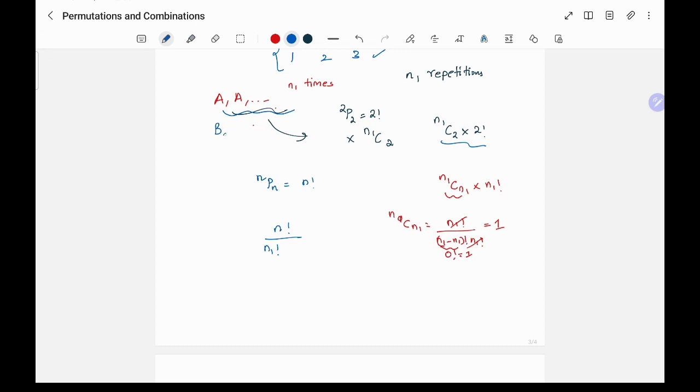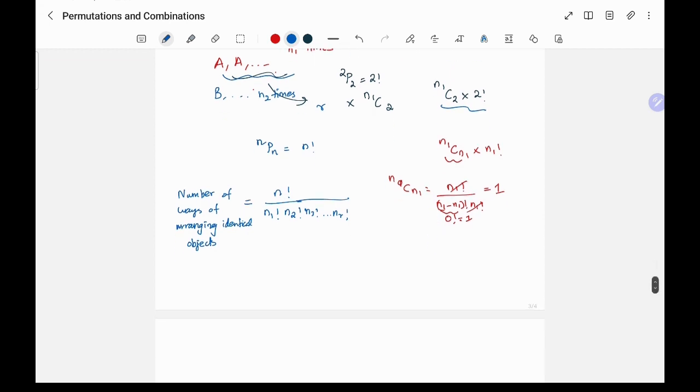If we have some b repeating n2 times in the same, again it will be n2 factorial. So this way, if you have r objects, then it will be n1 factorial, n2 factorial, up to nr factorial. This will be the number of ways of arranging identical objects.